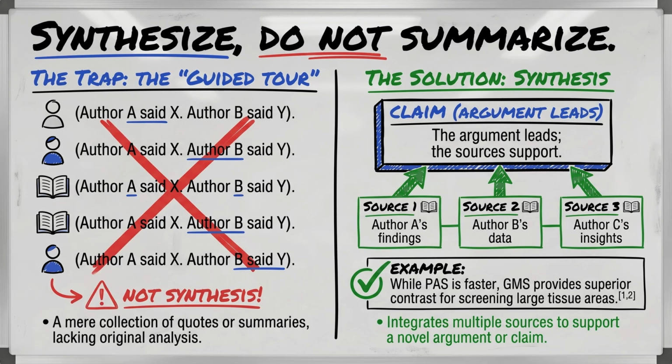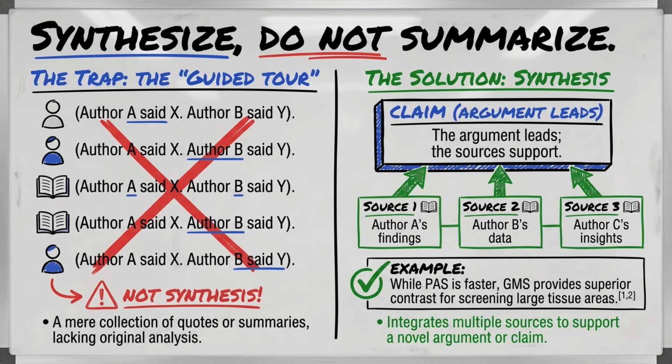Building on the idea of a structured argument, remember that your goal is to synthesize, not just summarize your sources. This is a critical distinction. Summarizing simply restates information, but synthesizing involves integrating different ideas to form a new, coherent understanding. You're not just reporting what others have said, you're weaving their insights together to support your own unique argument. This skill is vital for both your paper and for crafting a compelling scientific poster, where every word counts.